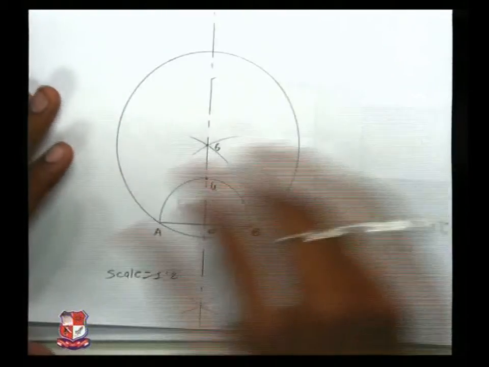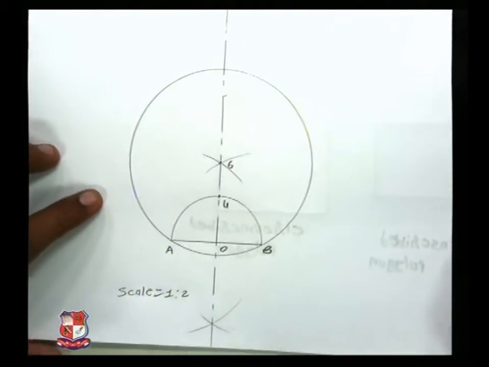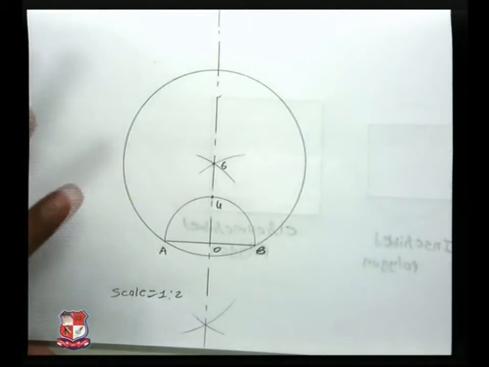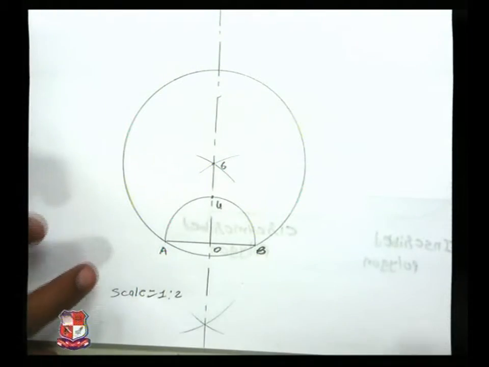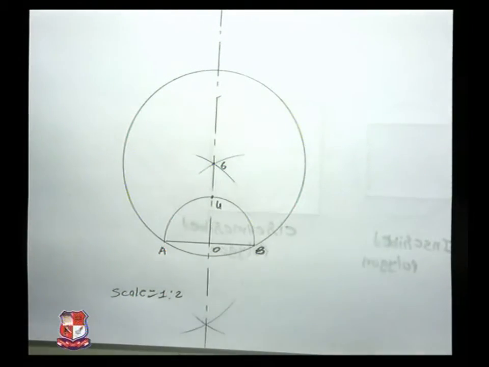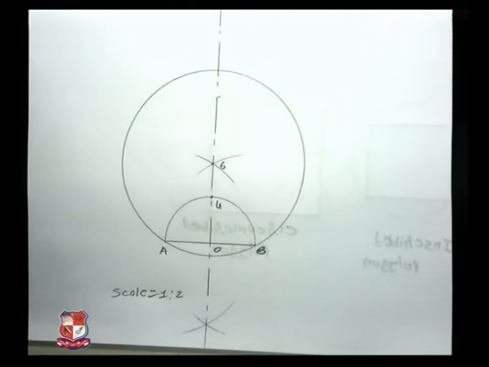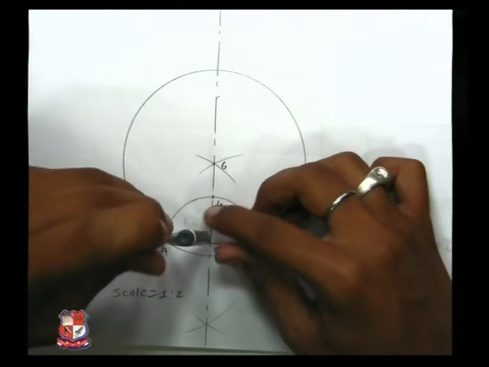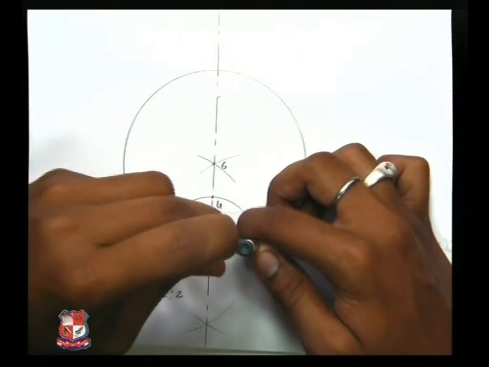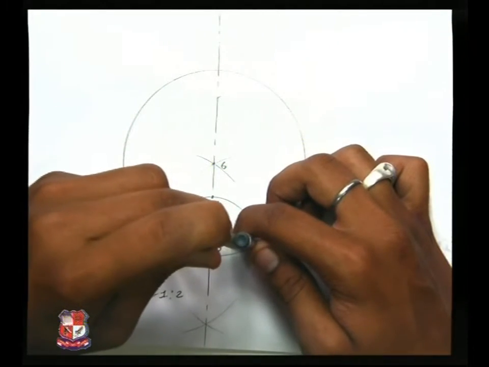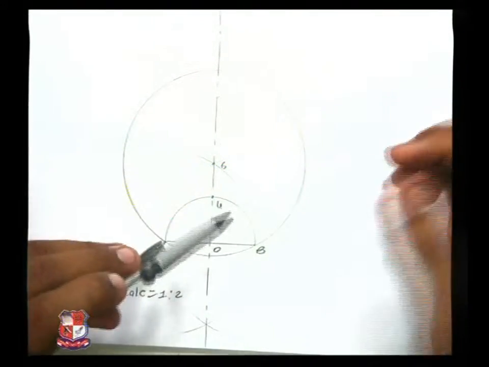Now we were drawing a hexagonal polygon. We have drawn the circle. Now we are drawing an inscribed polygon, which means that the polygon would be constructed inside the circle. The side length is 25 mm.